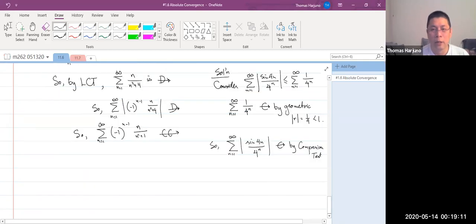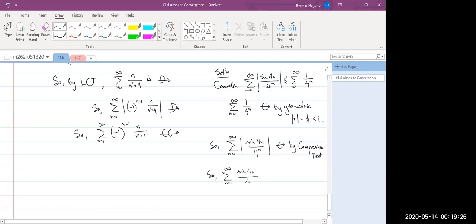No, but the series of the absolute value is convergent. So what happened to the original series? What can we say about that original series? It's absolutely convergent.